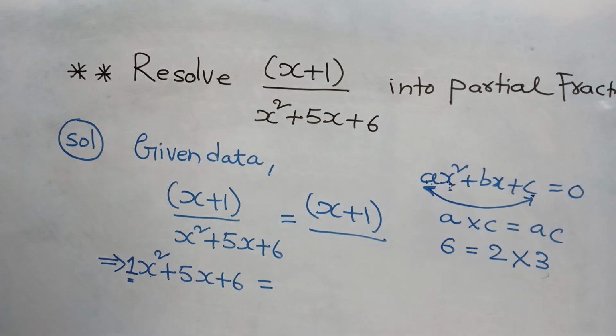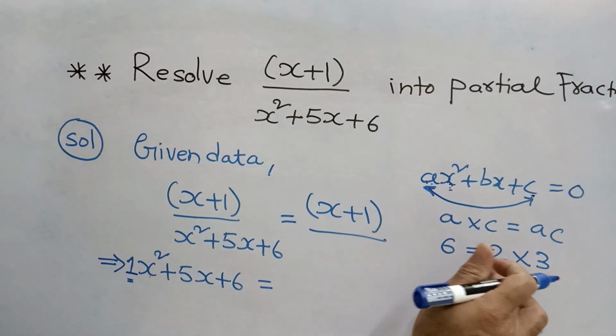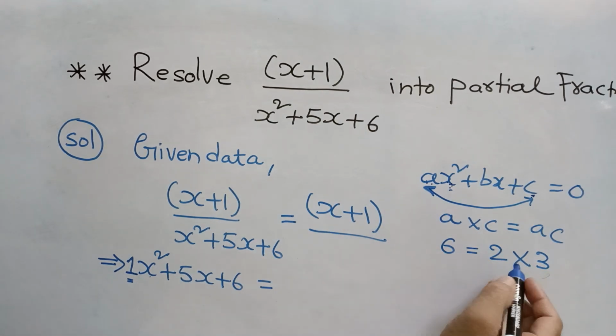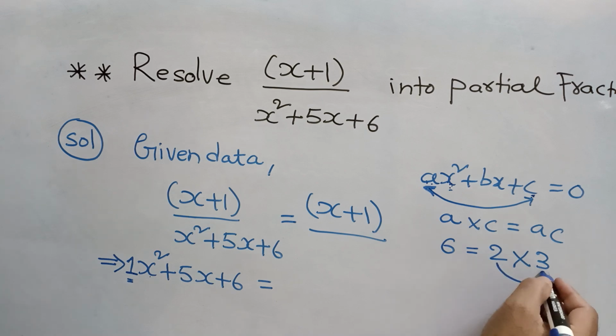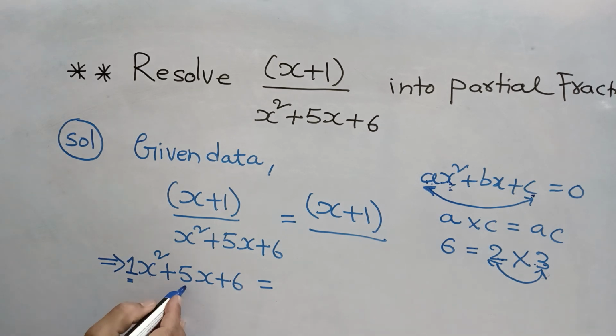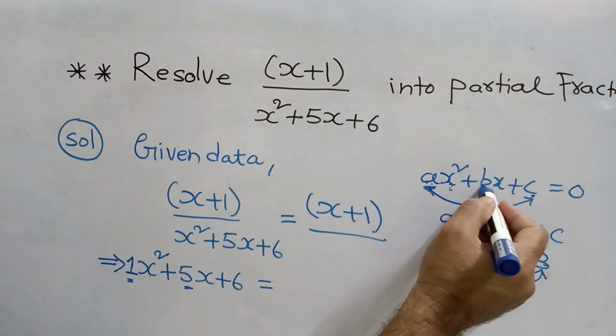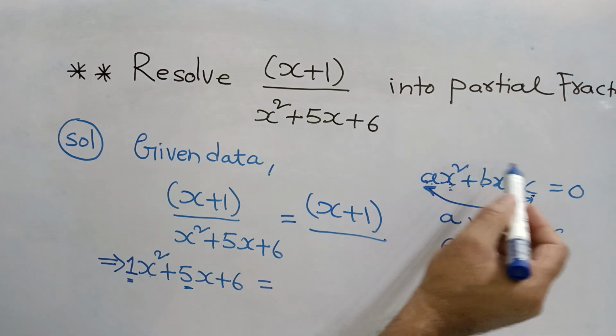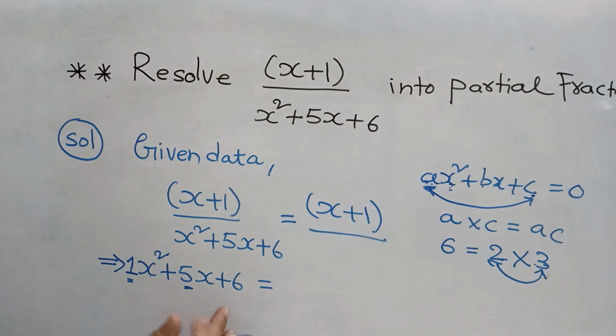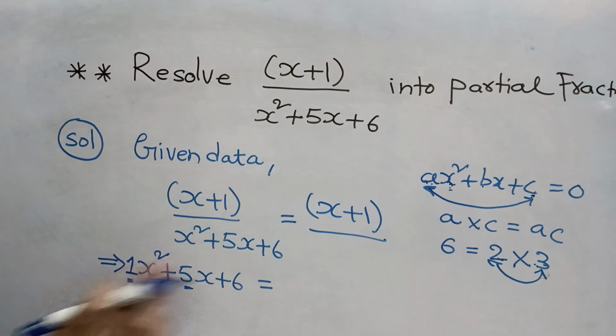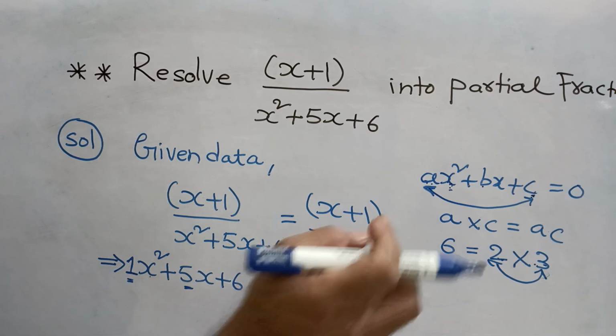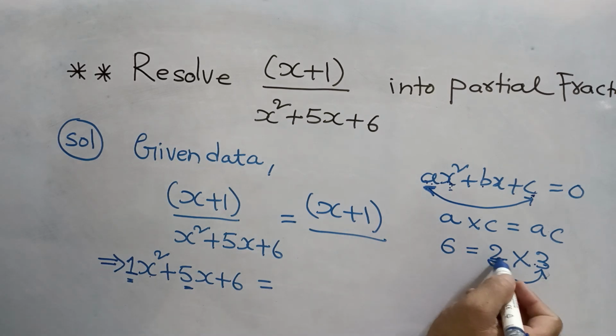So if you add these two, or otherwise subtract these two, you will get the middle one, 5, nothing but b. The product of a into c is 6 into 1, which is equal to 6. That can be written as 2 into 3 or 3 into 2, nothing wrong.